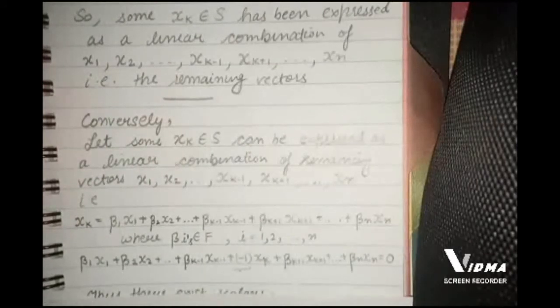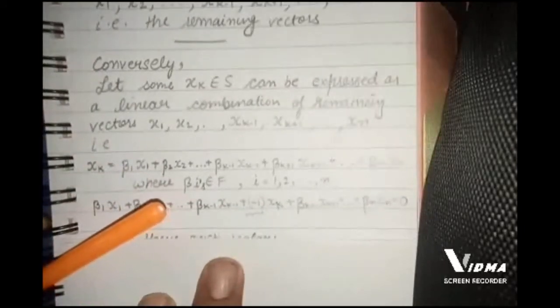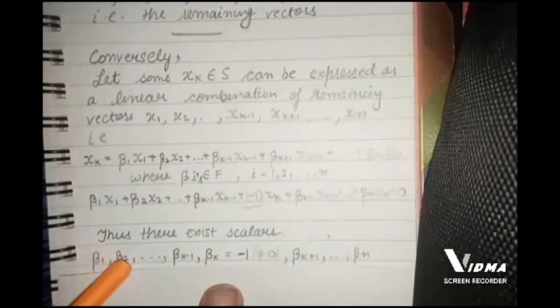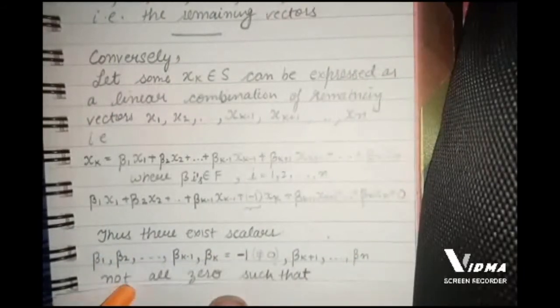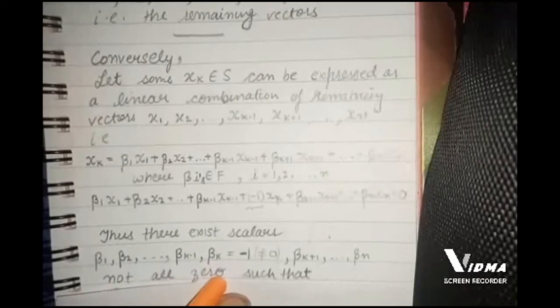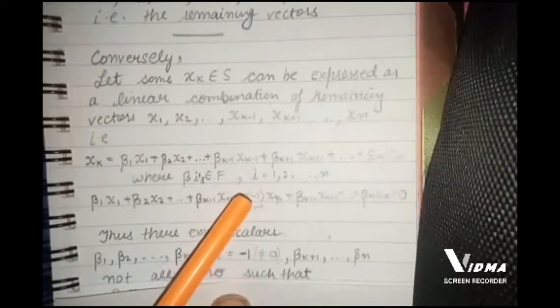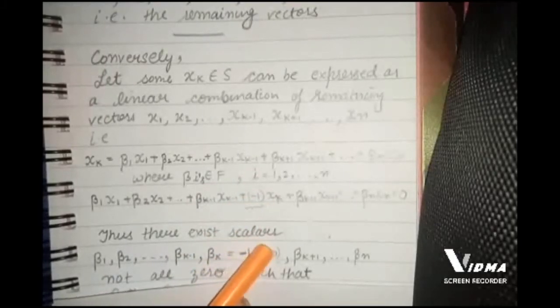Next, what does this imply? Clearly on observing this, there exist scalars beta 1, beta 2, and so on, not all 0. Why not all 0? Because there is at least one scalar, this beta k, which is equal to minus 1 but not equal to 0.